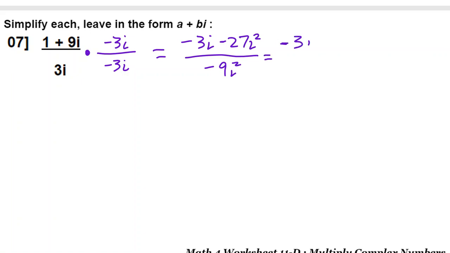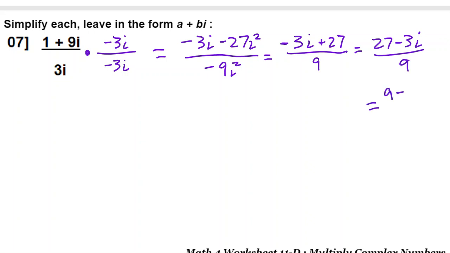So the i squared is negative 1 times that is going to give me plus 27. Negative 1 times negative 9 is going to give me that. And then we're going to switch it around the right way. And then we're going to say, hey, 3 will go into everybody. Or we could write it this way.